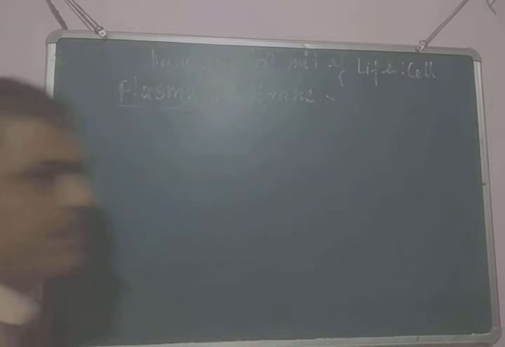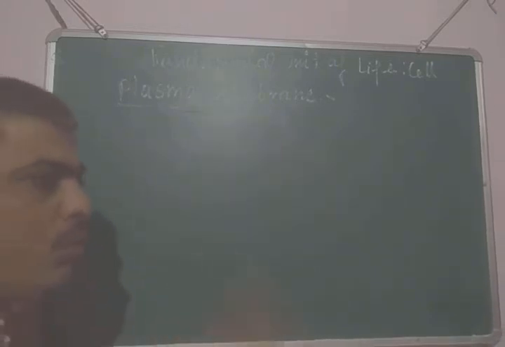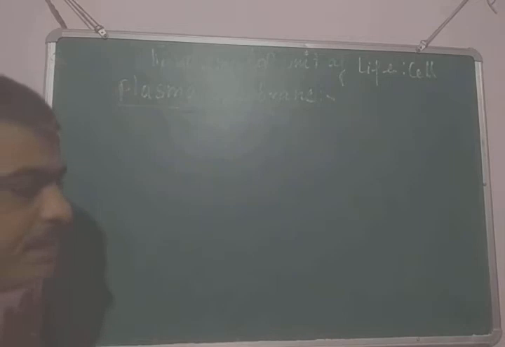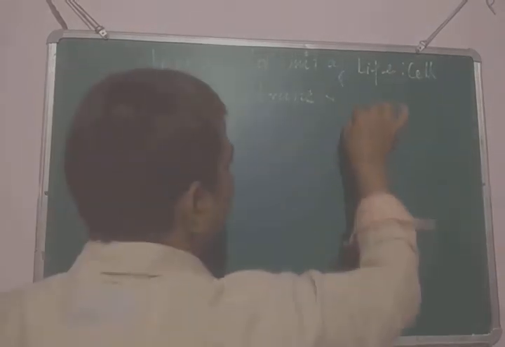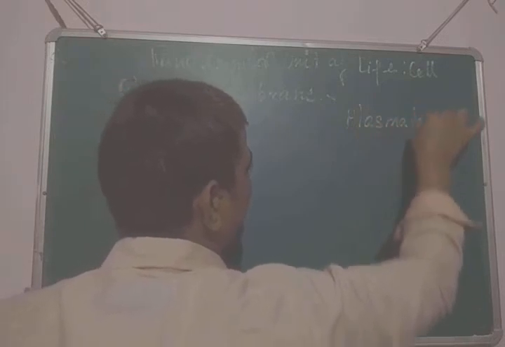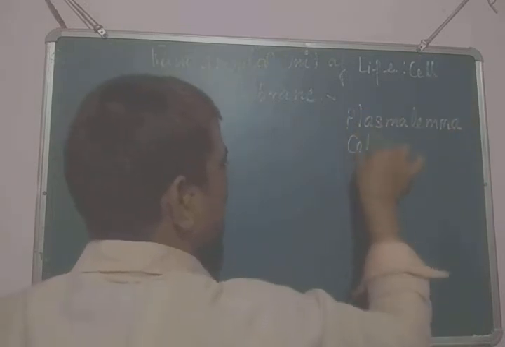Dear students, all cells, whether prokaryotic or eukaryotic, are enclosed from all sides by the plasma membrane. Plasma membrane is also known as plasmalemma or cell membrane.